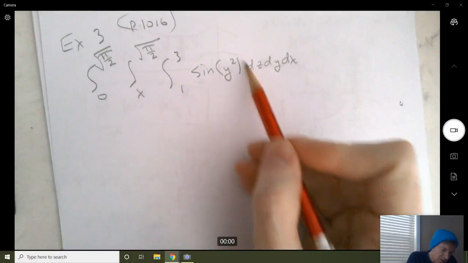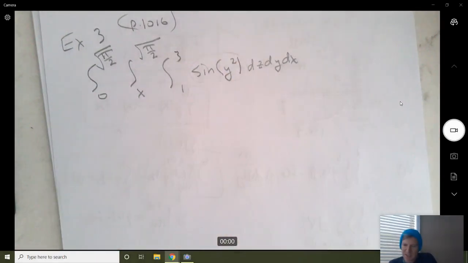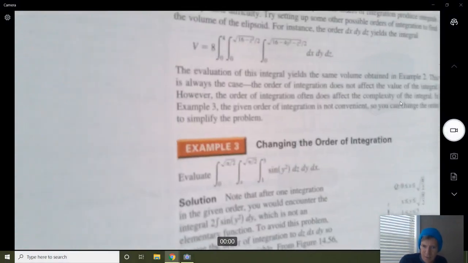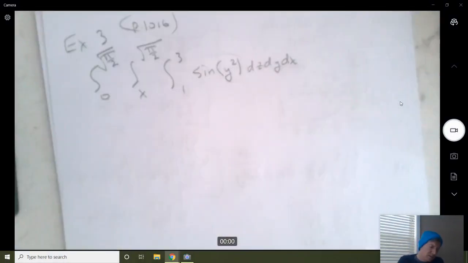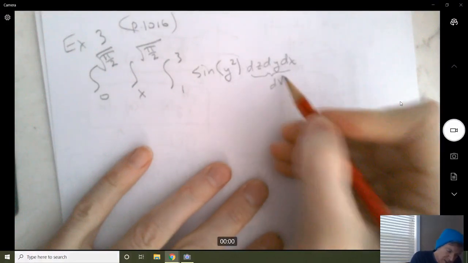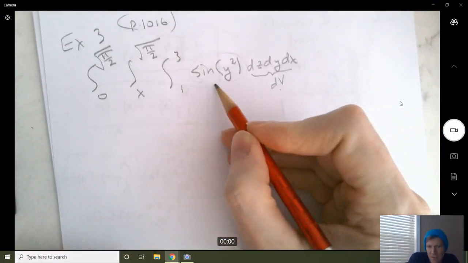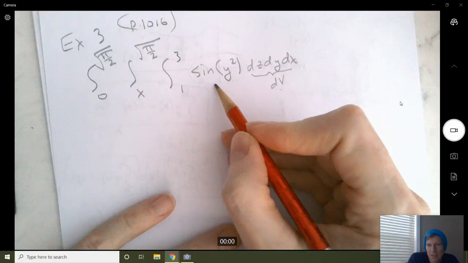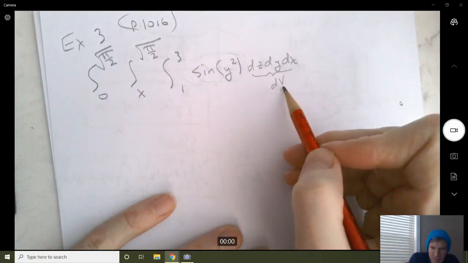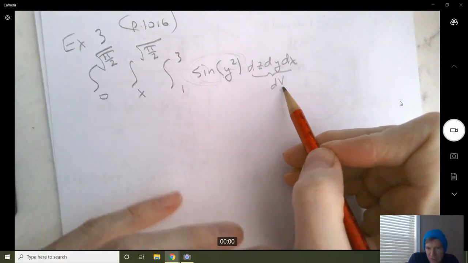We have an integrand. So what are we actually finding here? What we're finding is each of these dV's, that's a dV, gets multiplied by some value. Just like when we integrate, you've got a value of a function, and that value gets multiplied by each of your differentials, and you add those up.